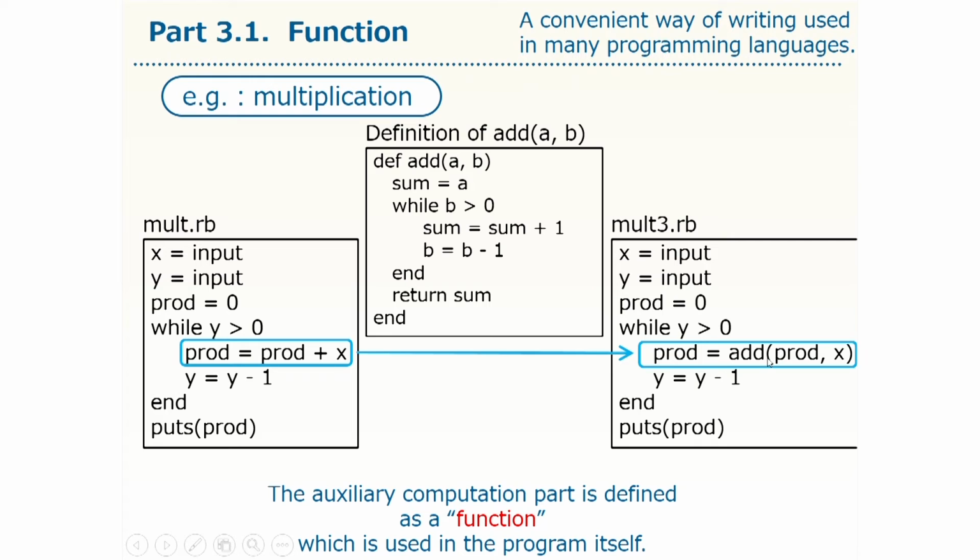Then prod plus x will be calculated. In this way, we can write the program more simply and naturally. By the way, for the computer, this is a command to execute the computation given in the function definition. This execution is referred to as a function call in programming.